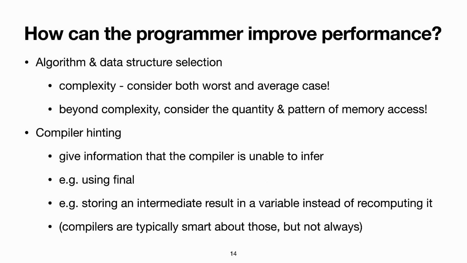And so typically the compiler is able to figure that out, but in case it isn't, it can reason with that and make optimizations that it otherwise couldn't. Another example is storing an intermediate value in a variable instead of recomputing it. And what that says is that you just care about the result and there are no significant side effects from computing the value that needs to be repeated. So like I said, the compiler typically can figure that out, but not always.